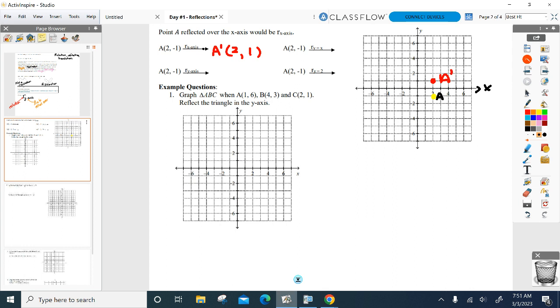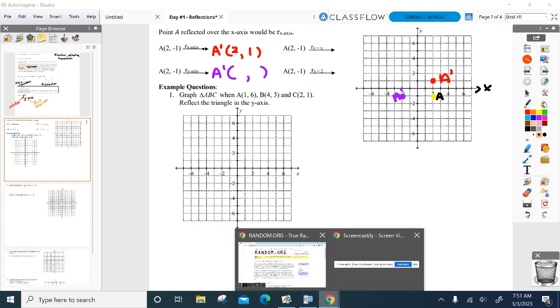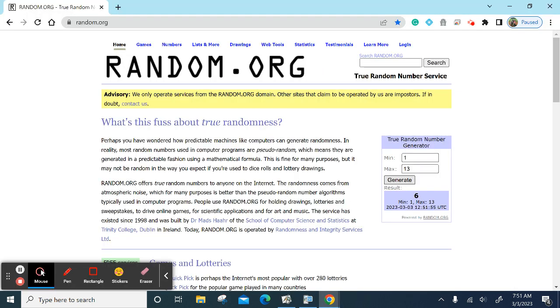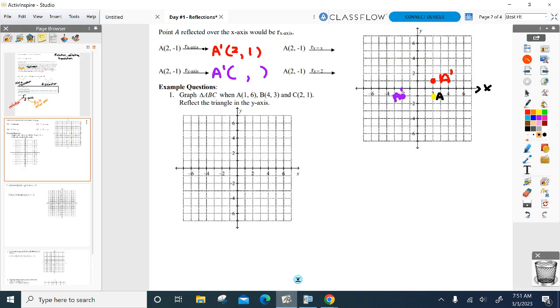Go 2 units in the opposite direction. And I'm still calling this A prime. I wouldn't go double. When I go double prime, that means I did something to A prime. So A prime, when I reflect over the y-axis, becomes what point? (-2, -1). Perfect.